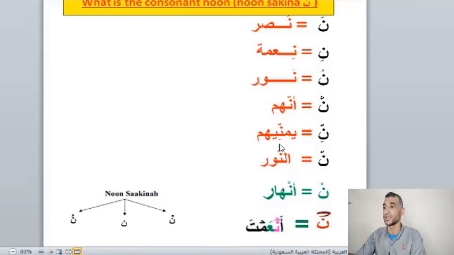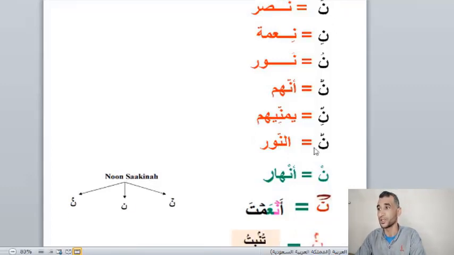The next letter here is a stressed letter noon, and there is a fatha on it. So you should pronounce it with fatha and emphasize the pronunciation of the letter noon, like an-nur.